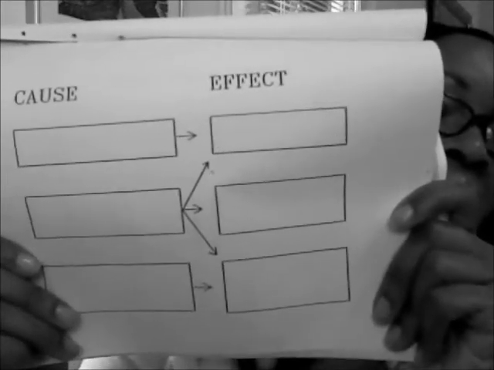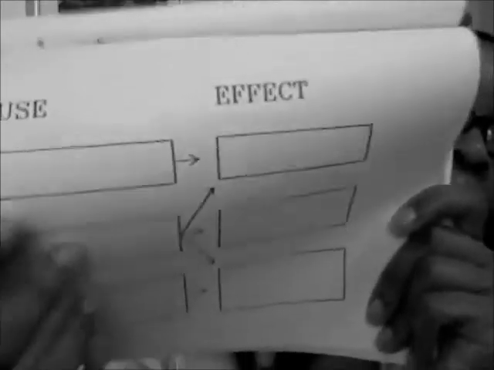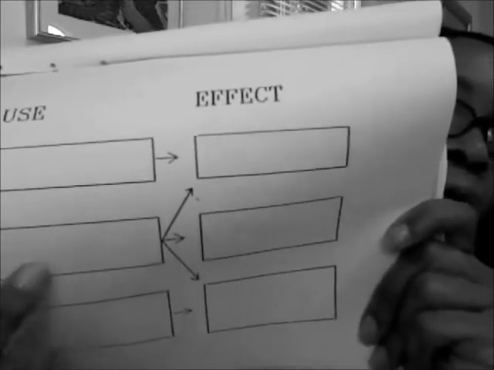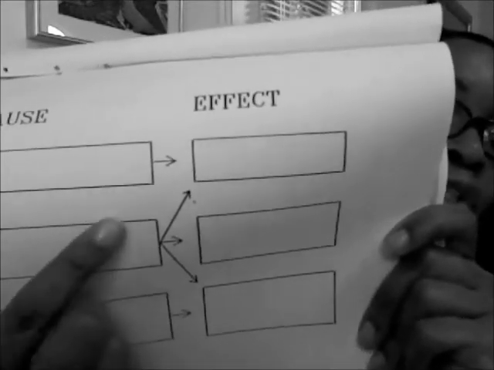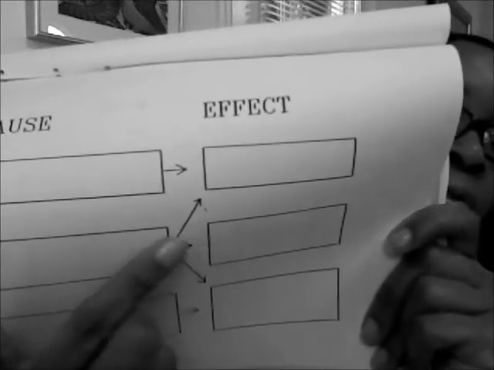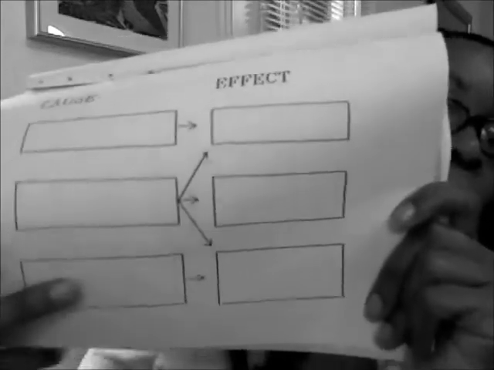Notice that the cause can go in a sequential order right across, or your cause can have multiple effects. You notice the arrows? You see how they're pointing?